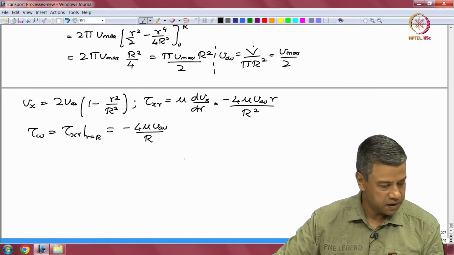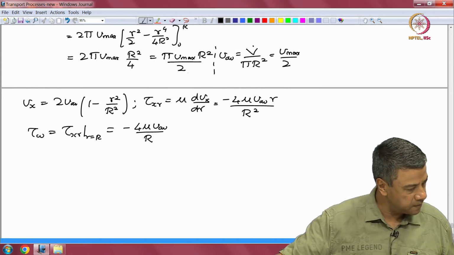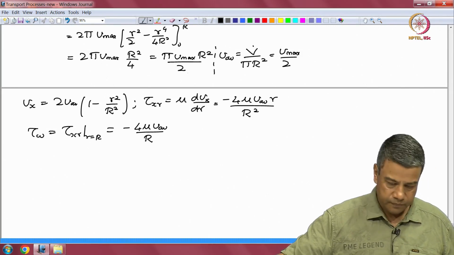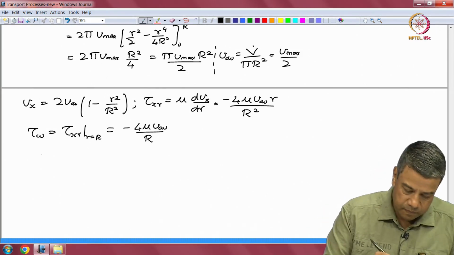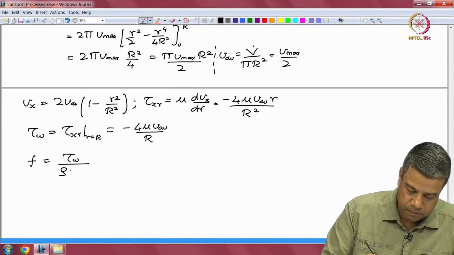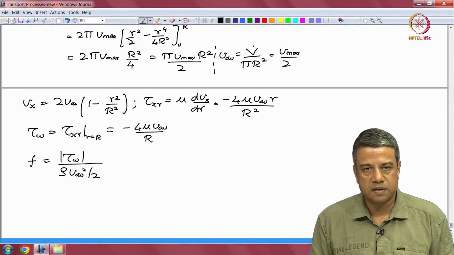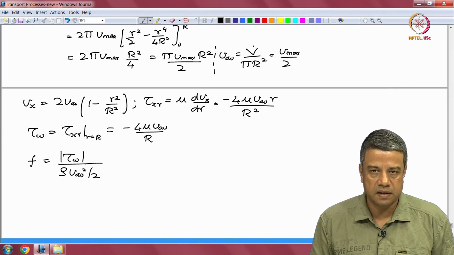And we know the expression for the friction factor. I have to take the modulus of the wall shear stress because the shear stress is in the negative x direction.